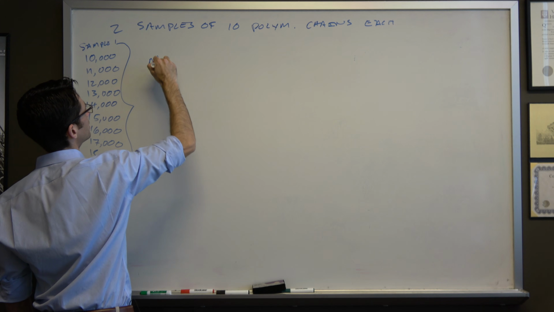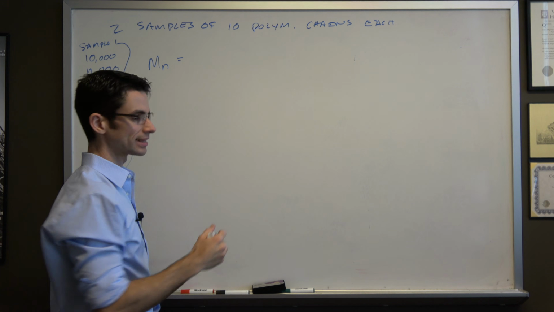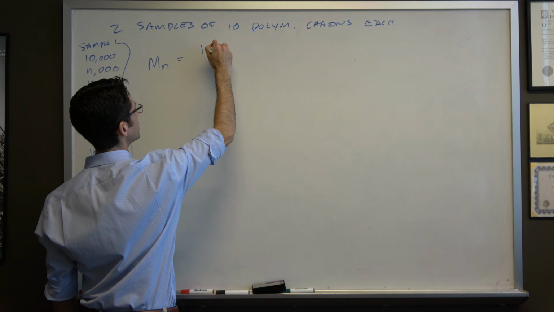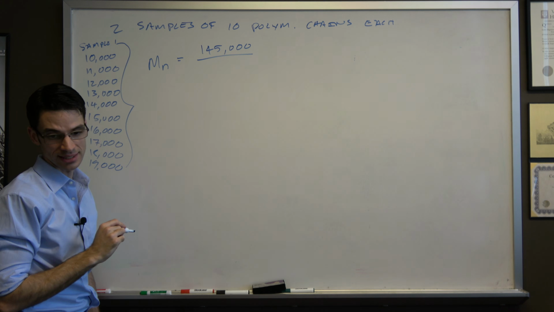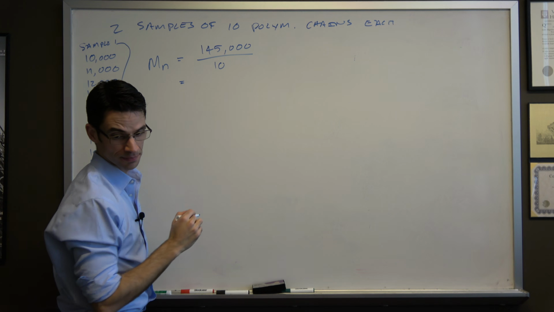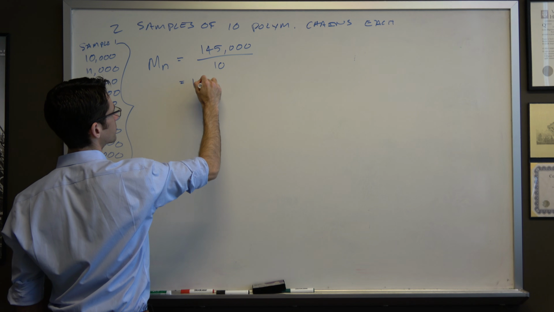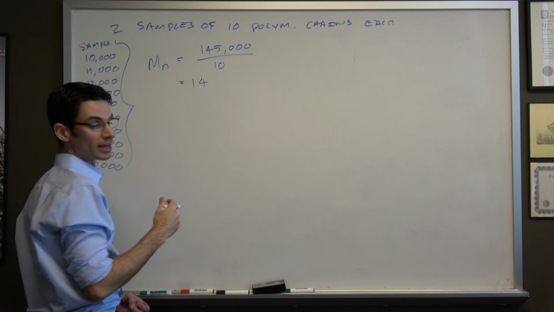Our M sub N, and for homework, see if you can get these numbers to work out, is 145,000 in the numerator divided by 10 equals 14,500.